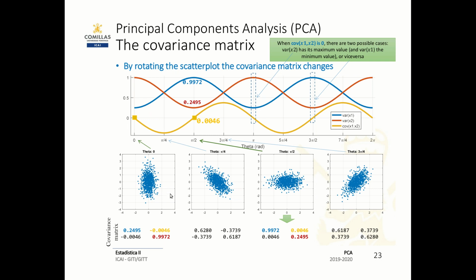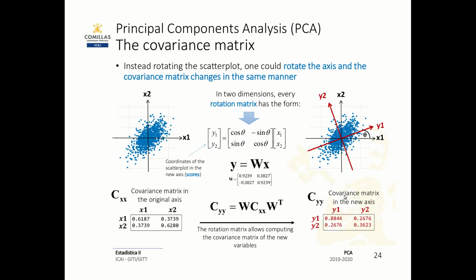We can always rotate x1 and x2 to construct new variables y1 and y2, such that y1 and y2 have this shape or this shape or this shape. So this is what we are doing here. We have two input variables x1 and x2, we multiply by a rotation matrix, and then we have y1, y2. x1 and x2 have this plot, and we want y1, y2 to have this other plot in this new set of variables.